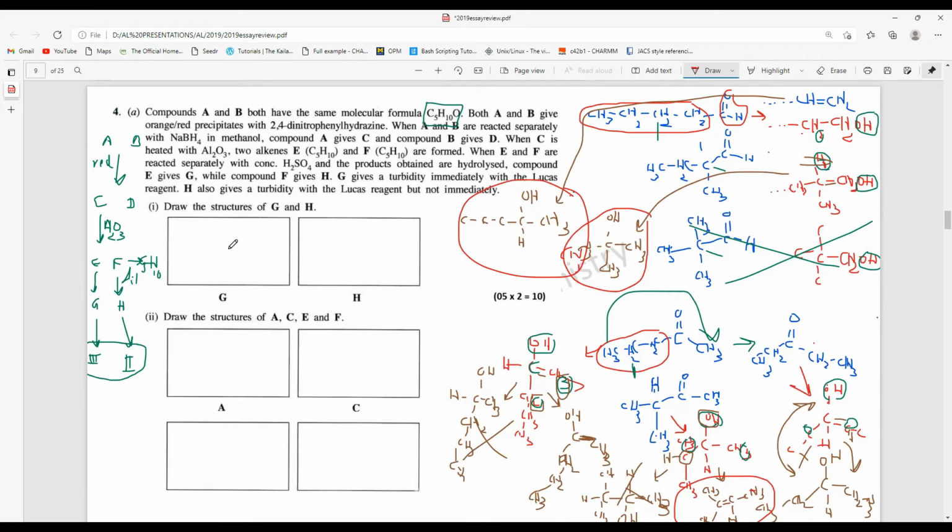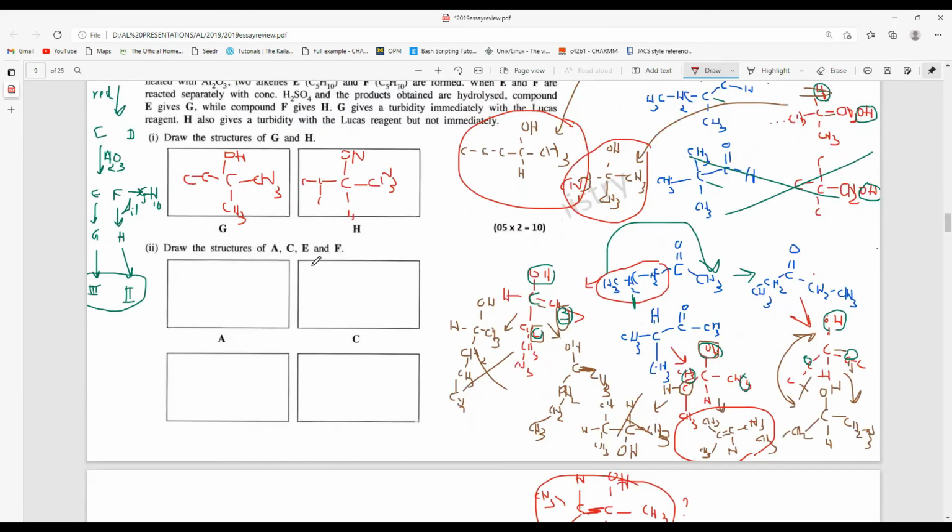So basically, the tertiary structure should be this one. CH2, CH3, and OH. This is the one. And the secondary structure could be this one, CH3, OH, this one, and you can draw this structure.